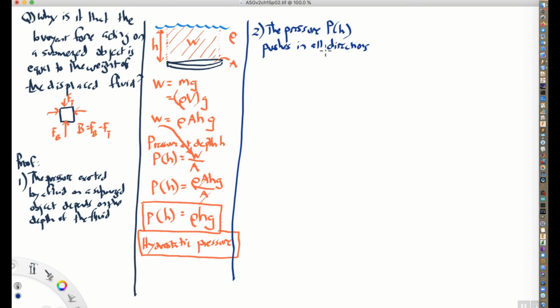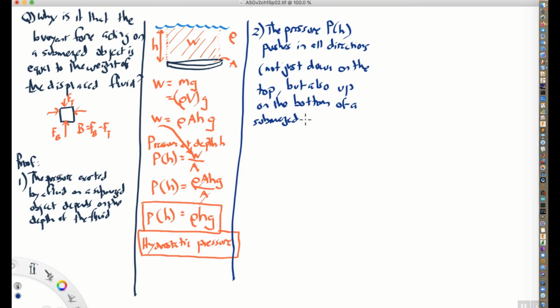Not just down on the top, but also up on the bottom of a submerged object.